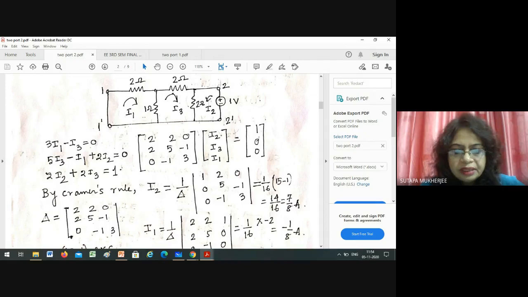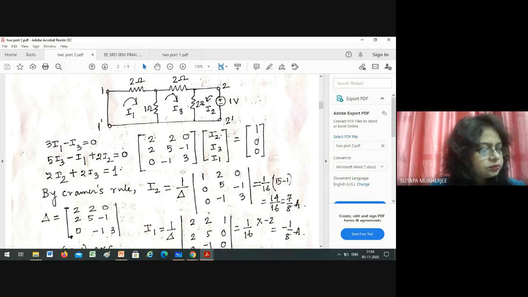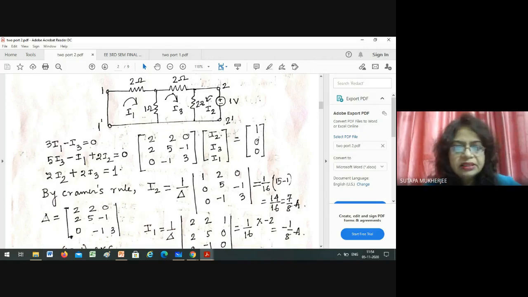So what will be the determinant of this one? Vanshika, you tell me what the determinant of this one is, because delta equals the determinant of this. Do it and tell me.